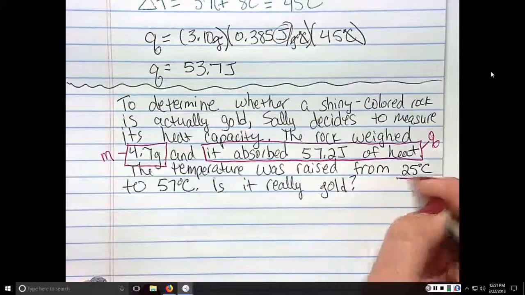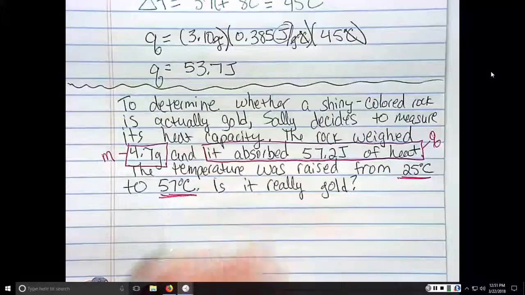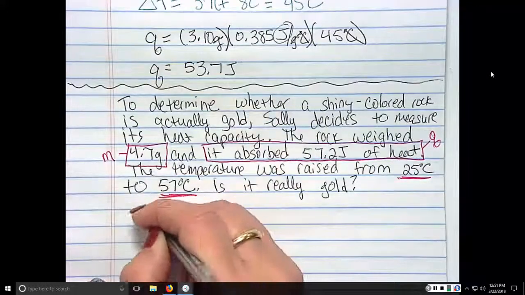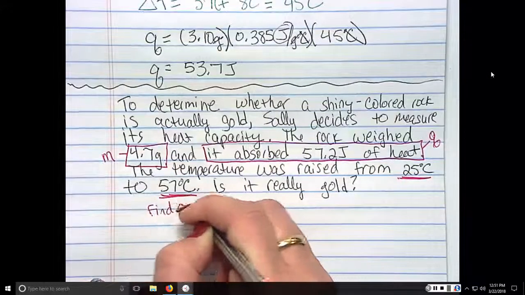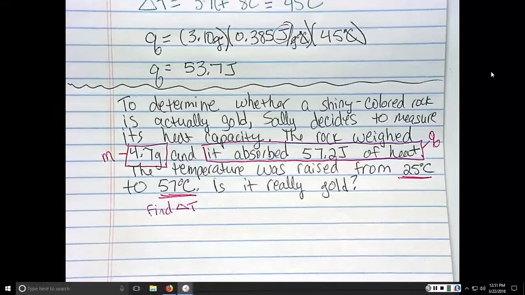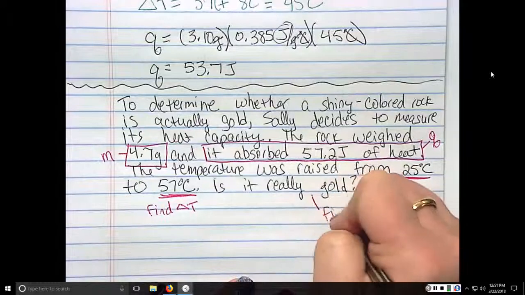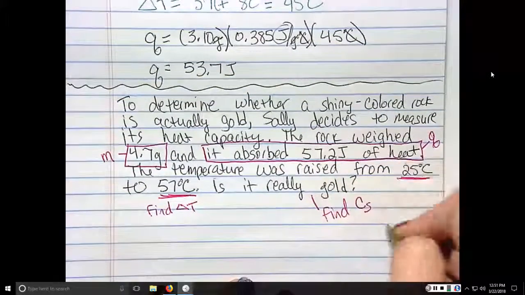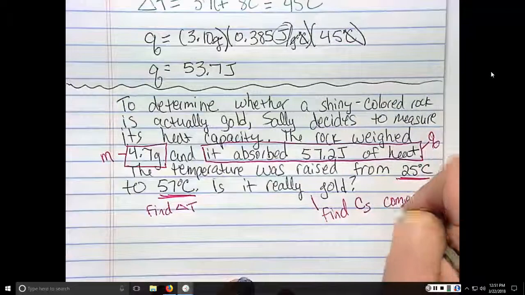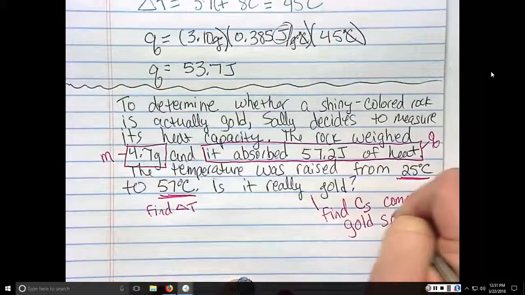We have the two temperatures, so we can find delta T. We can solve for it, right? So in order to decide if it's truly gold, I have to find the specific heat and compare it to gold's specific heat.